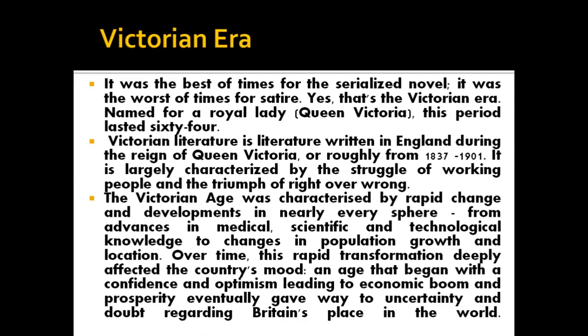So, what is the Victorian era? Queen Victoria was 18 years old when she became the Queen of England. As a queen, she personally agreed with the practices and the ideals of the new commercial upper middle classes of England. In the beginning of the era, there was a widespread faith in unlimited progress.